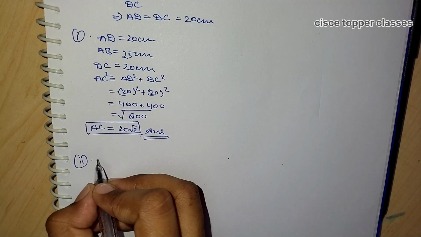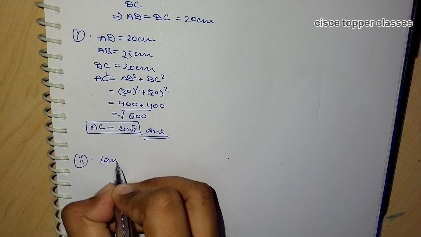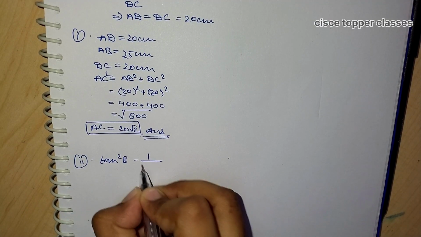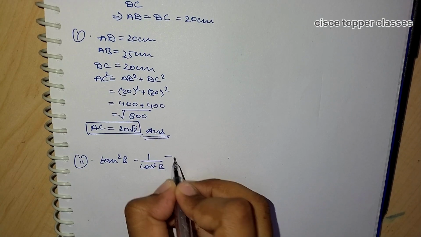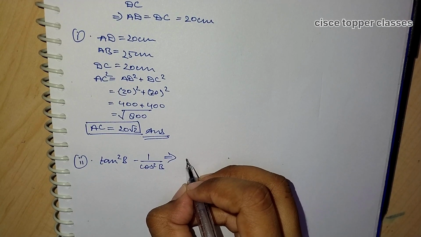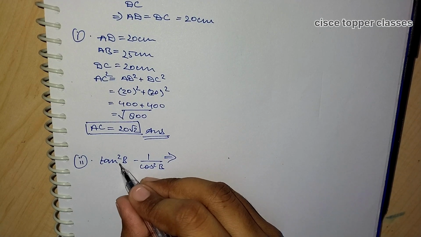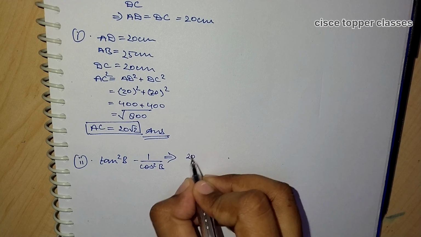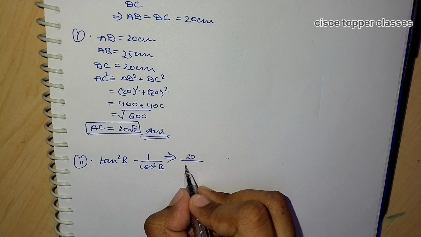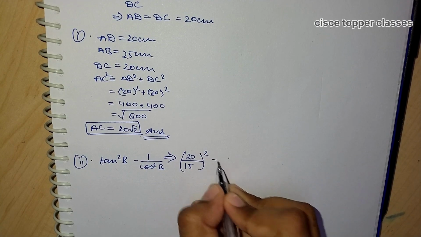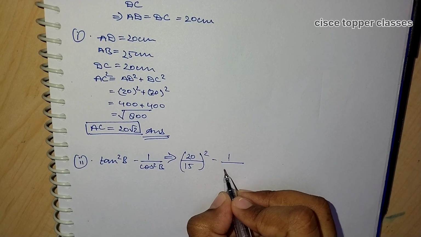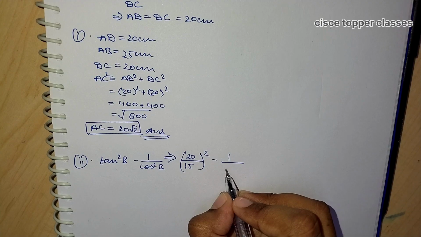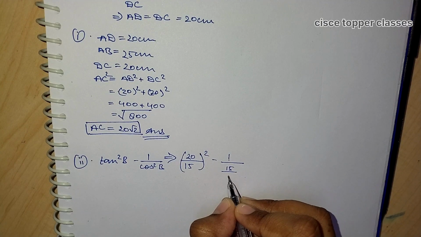Now the second part is asked, that tan square B minus 1 by cos square B is equal to minus 1. So here tan square B we can write, because the angle B we have taken, this will be height by base, means (20 by 15) whole square minus 1 by cos square B, where cos B will be base by hypotenuse. So this will be 15 divided by 25, we can write AB as 25.